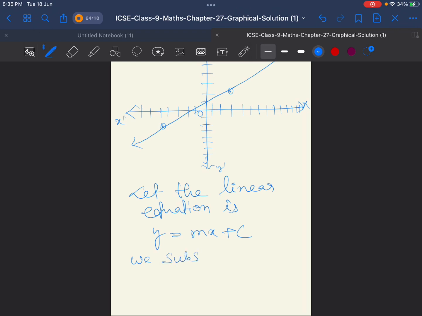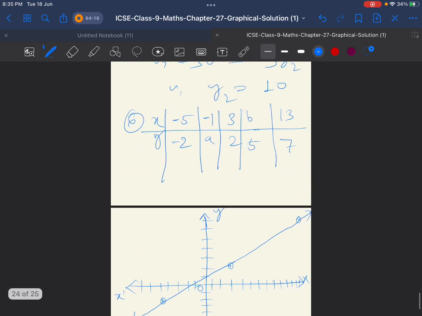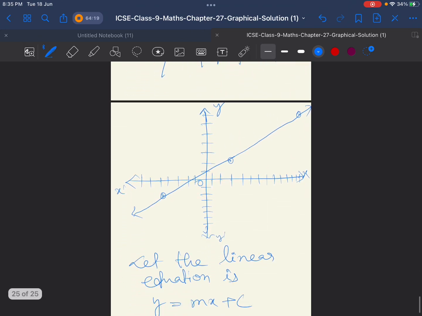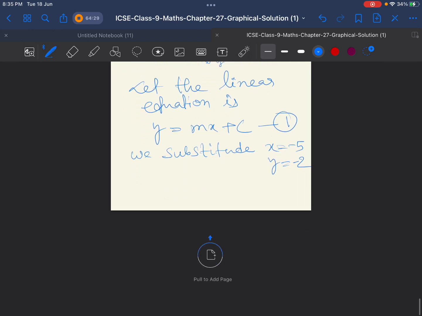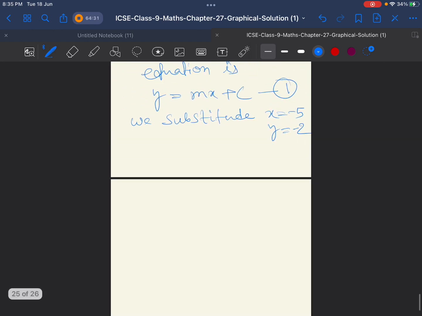Okay, so first we substitute the value of x and y. Here x equals minus 5 and y equals minus 2, and this is equation 1.